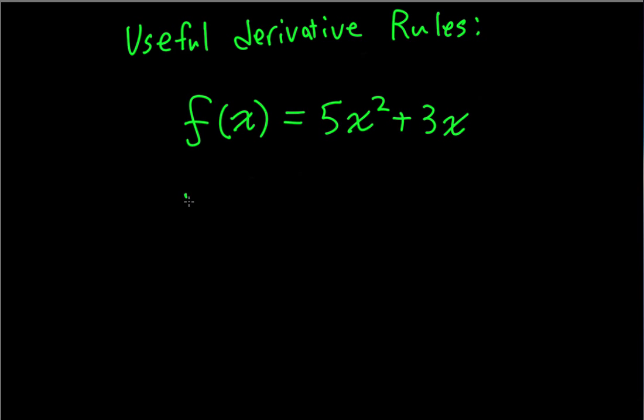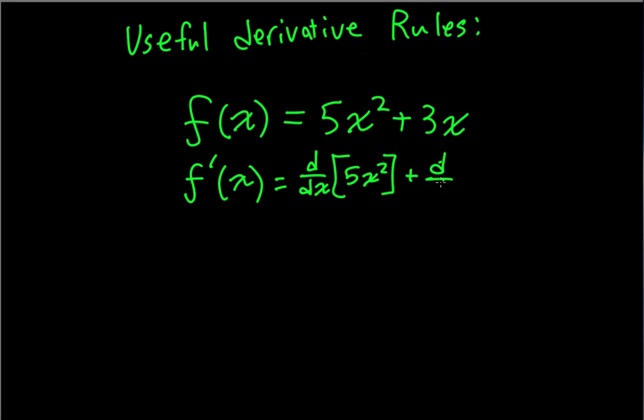Well, first of all, we can break this into separate sections. F prime is going to be equal to, we can take the derivative of these sections separately, and then just add them up. So the derivative with respect to x of 5x squared plus the derivative with respect to x of 3x.